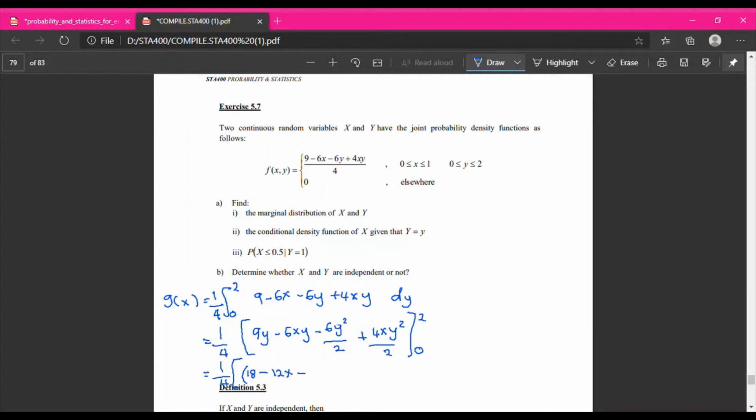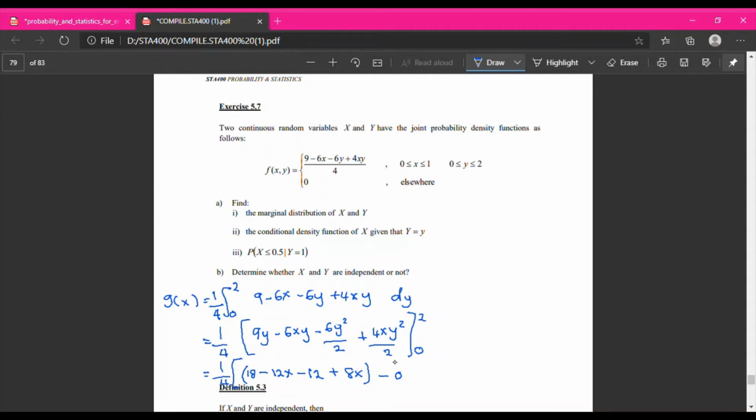Minus 3 multiply 4, you will get 12, plus here will be 2y squared, so will be 8x, minus replacing y with 0, so you will get 0, right?